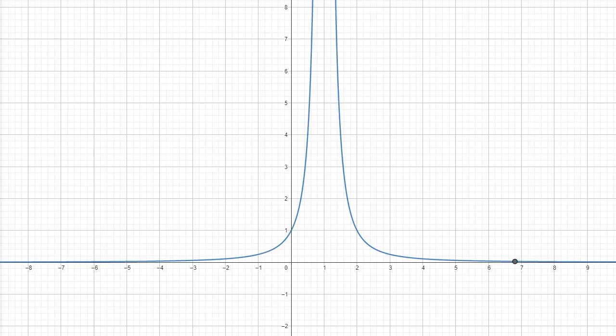So if we approach the number 1 from the right, so x is 7, x is 6, x is 5, etc., we get to x is 2, y is 1, and then we get to x is about 1.5, y is 4, 1.25, it goes up to 16, and then as we get closer and closer, it goes to positive infinity. 1.01, it's 10,000, 1.001, it's 1 million, and it goes to positive infinity.